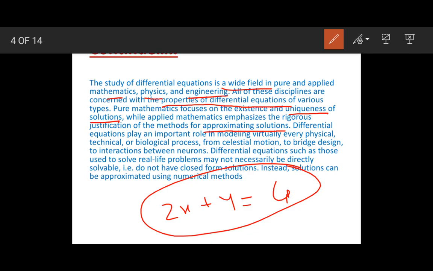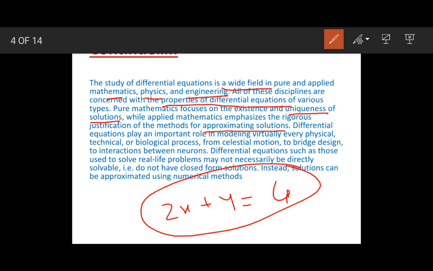Why? Because in all these things we are dealing with dependent and independent variables. We are interested in the rate of change of the dependent variable with respect to the independent variable, and that's why the differential concept is such an important part.